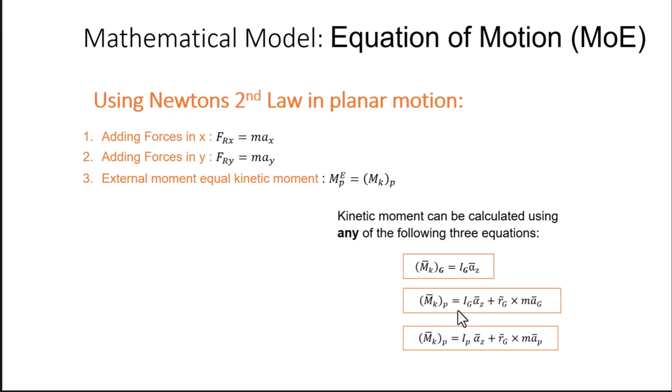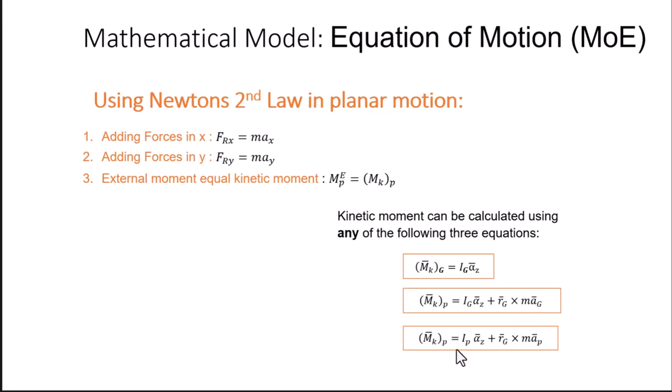Either using this equation, which comes from the parallel axis theorem, the mass moment of inertia times the angular acceleration plus the cross product between the distance from P to the center of mass, crossed with the mass times the acceleration of point G, G being the center of mass.